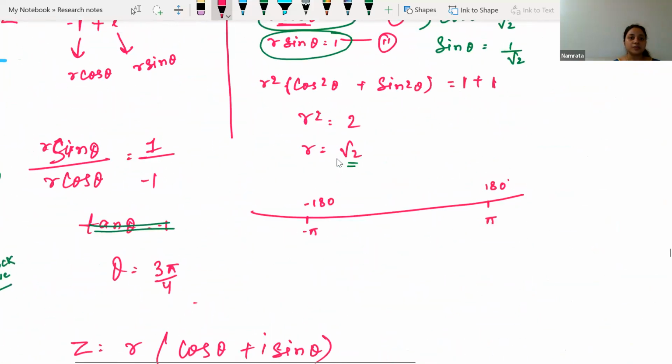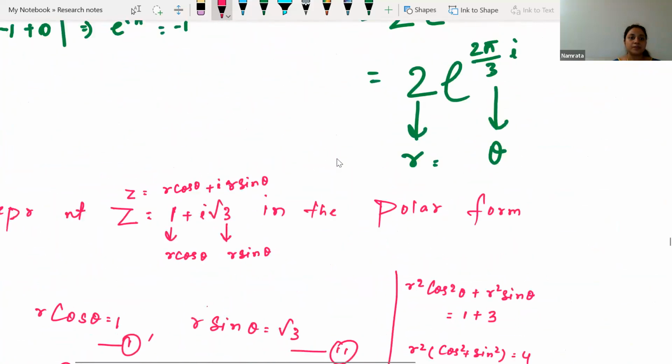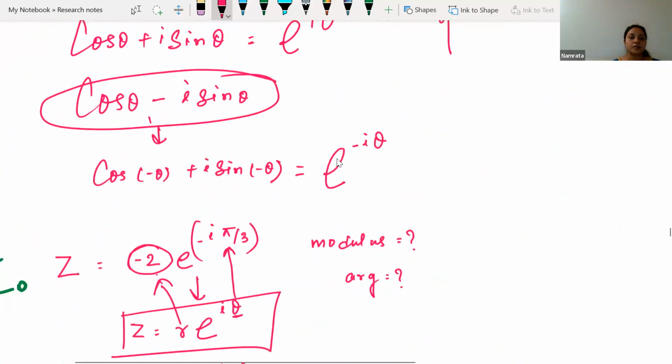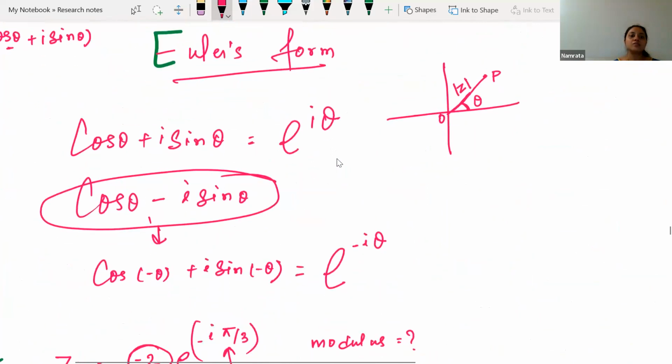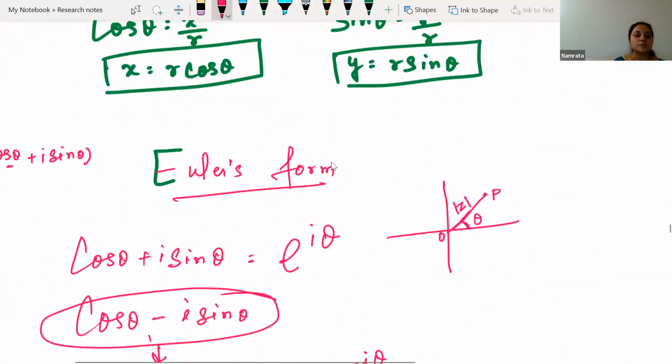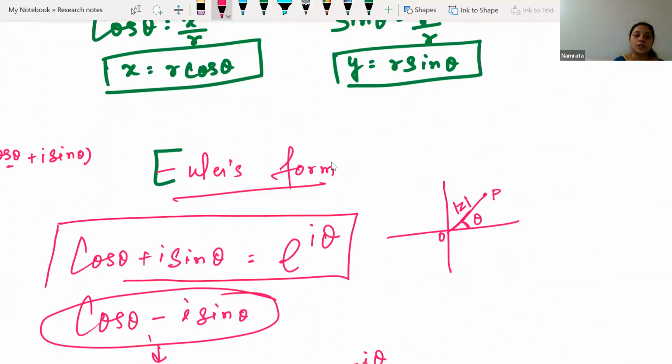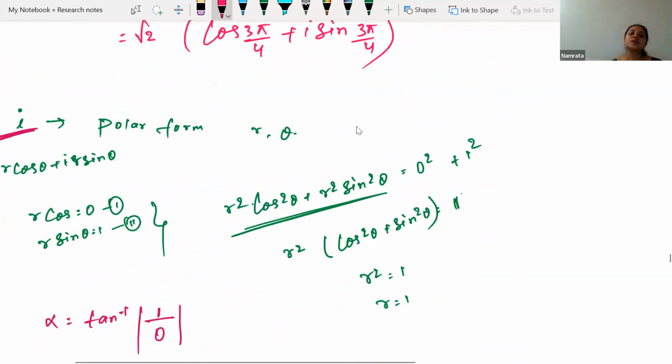This was given by a scientist whose name is Euler.